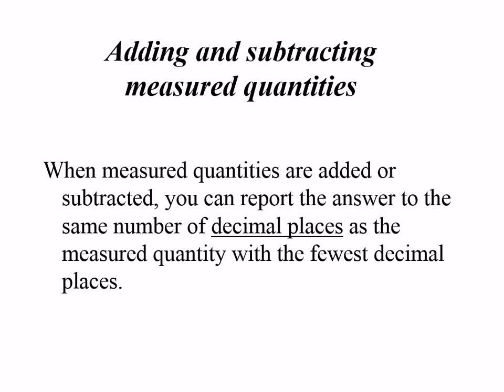Some numbers don't have decimal places, so I'll talk you through that. But it's the fewest number of decimal places in all the terms that you round your answer to. It says decimal places or tens places. You can report the answer to the same number of decimal places or tens places, fewest.